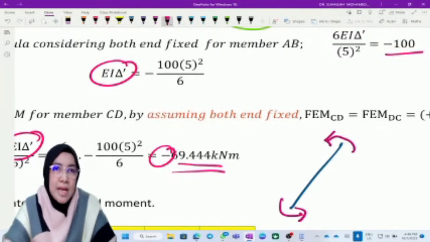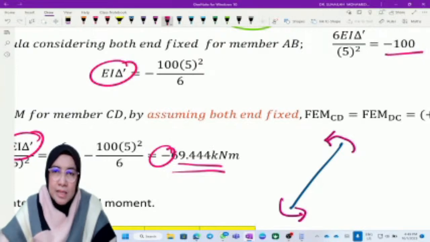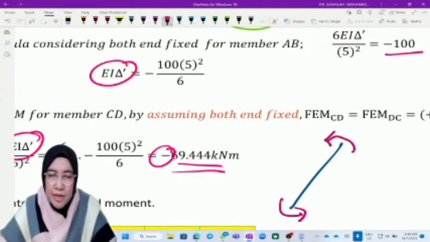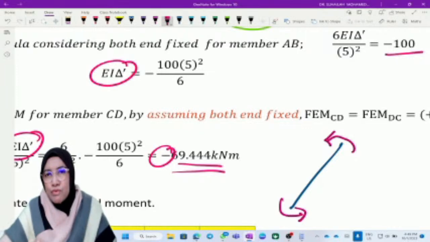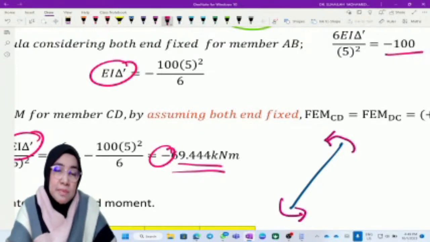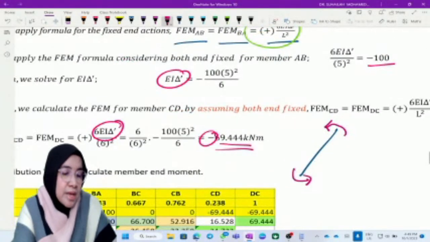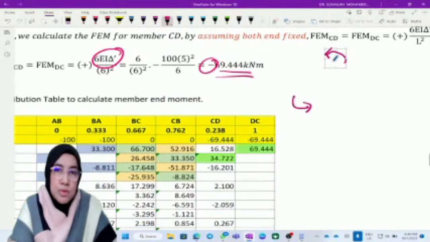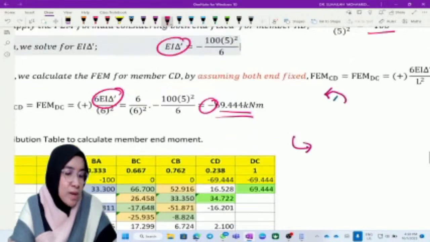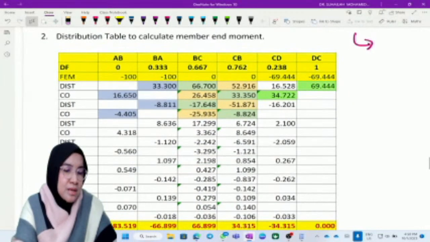AB and CD have the same behavior. Both move in the same direction, so both must be negative. Once we settle this analysis, we put the fixed end moments negative 100 and negative 69 into the table and repeat the process again.